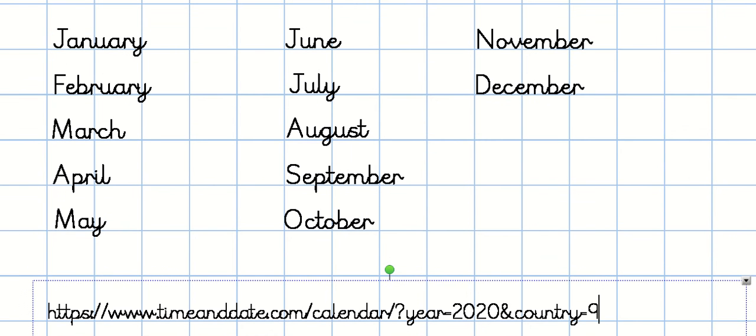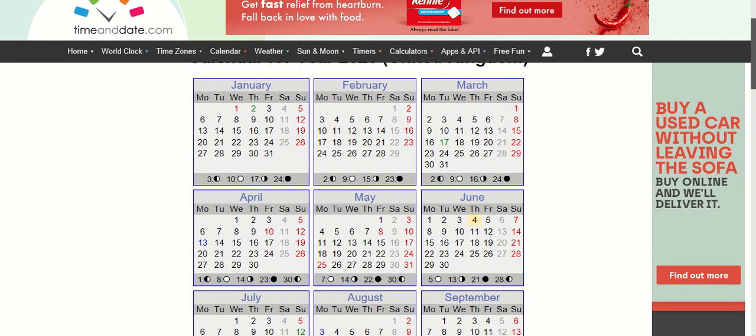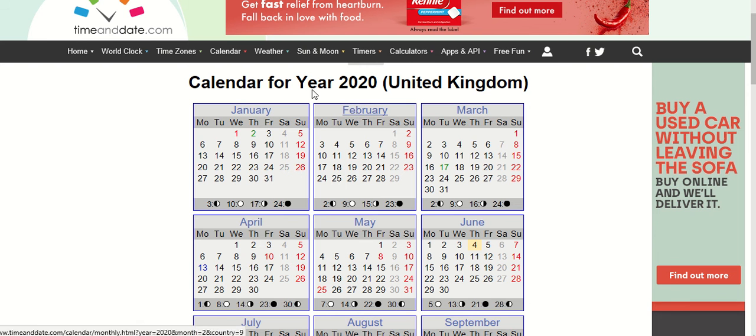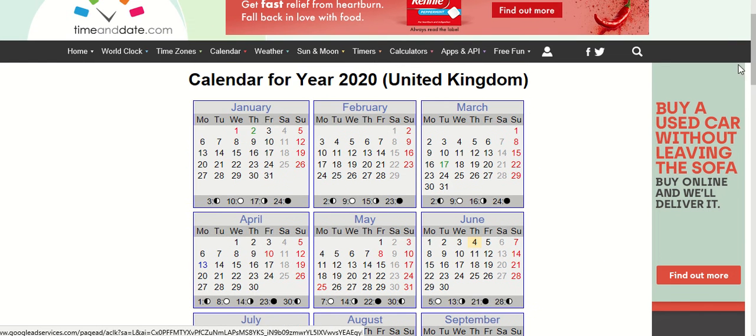That's going to bring you to this page here. And this is a calendar for the year 2020, and it's going to tell us how many days are in each month. So we're going to start with January.